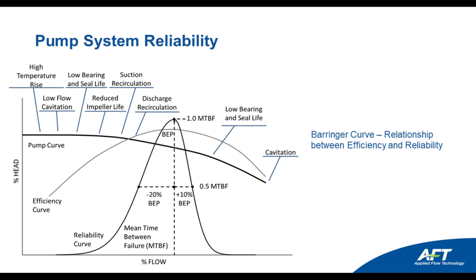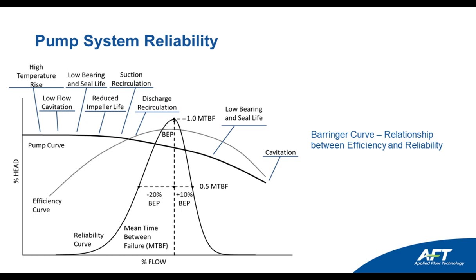Let's take a look at that bell-shaped curve. That's the Bathtub curve, and this represents the mean time between failures and is a measure of reliability. So the most reliable point for a pump is going to be at its best efficiency point.